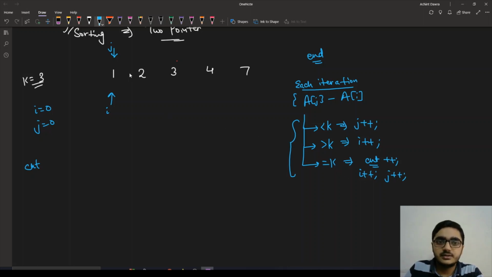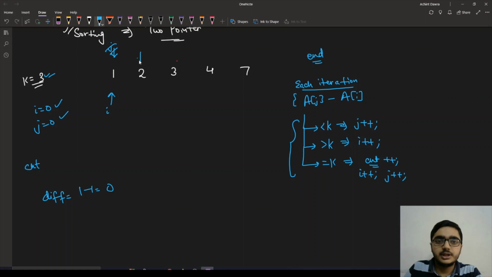Okay, so let us do this. Initially i is 0 and j is also 0, so the difference is a0 minus a0, which is 1 minus 1, which is 0. So 0 is less than 3, and we increment our j pointer.